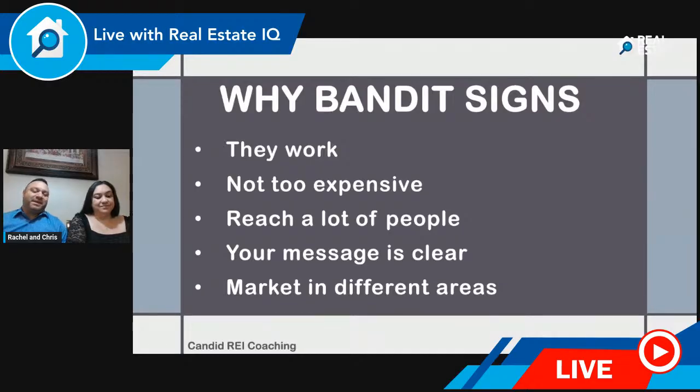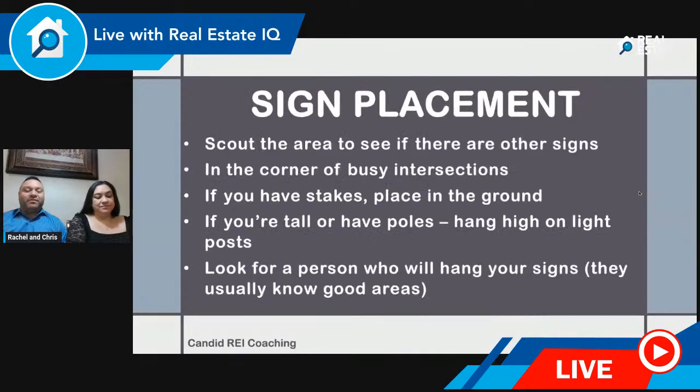All right, sign placement. Now, again, these are our personal experiences. The way to really see if your signs are going to last is whether or not there are other signs in the area. If there are no other signs, you're the first ones, maybe, hopefully you get lucky and no one takes them down.